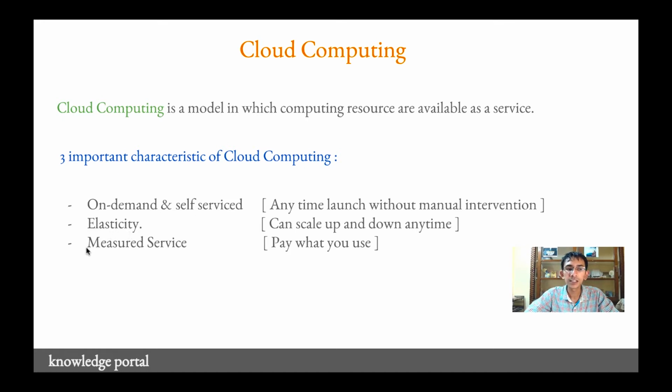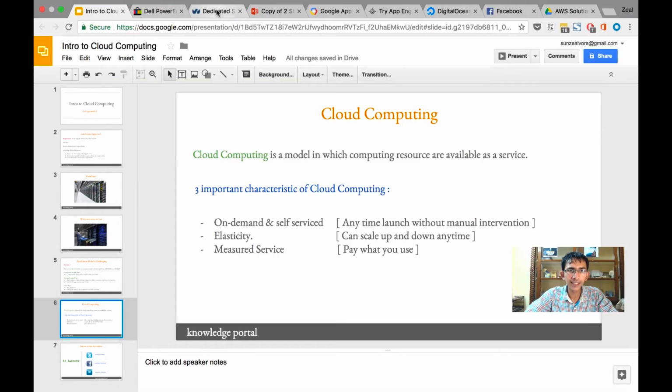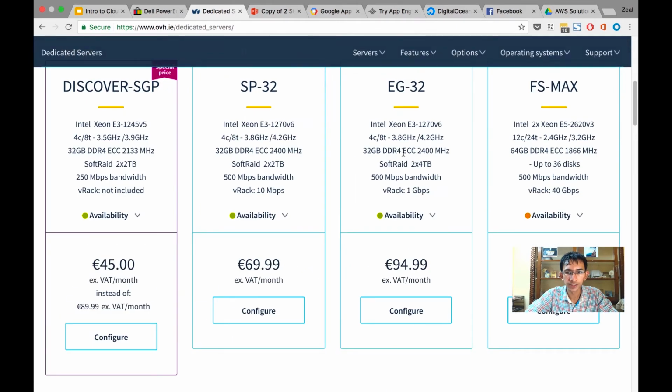And the third important characteristic of cloud computing is measured service, which means pay for what you use. If I'm using a 64 GB RAM server for 1 hour, I should be charged only for 1 hour. Generally, if you go to the hosting provider and look over here, they charge on a per month basis.